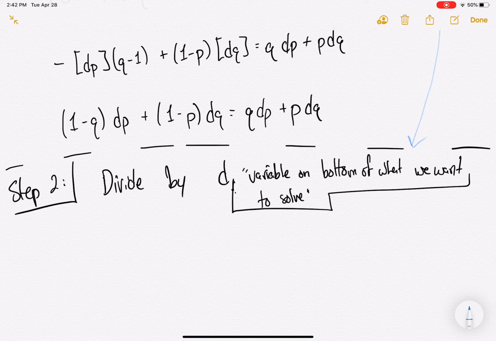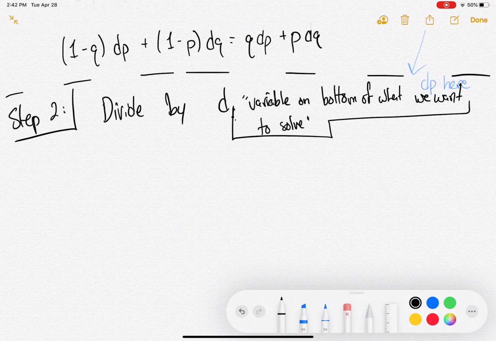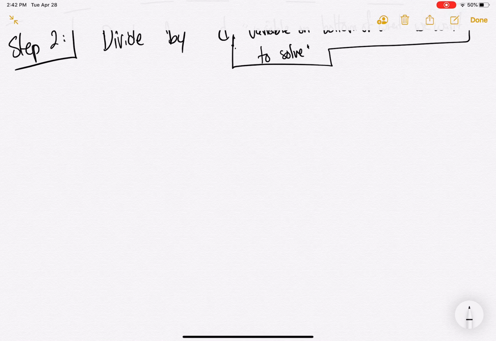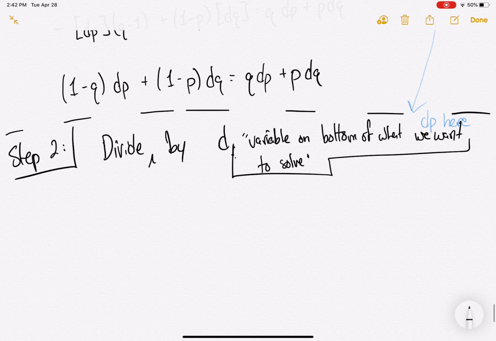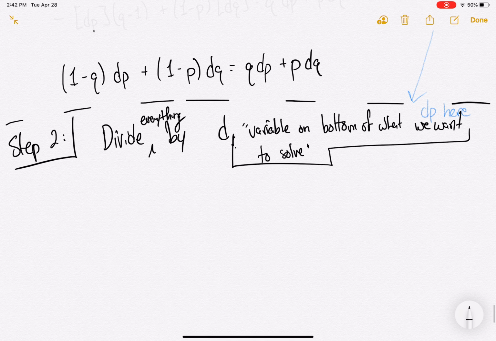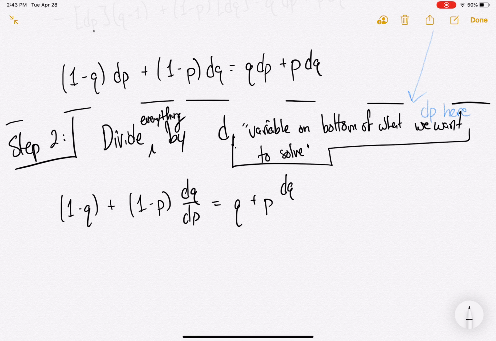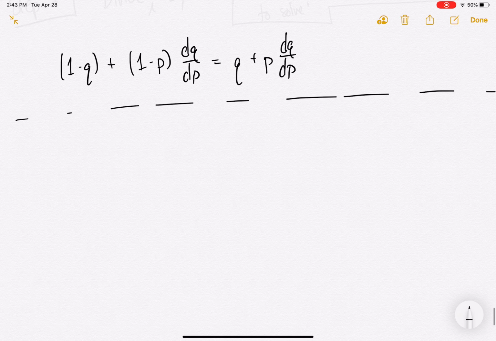So that's dP here, and we're going to divide everything by dP. What do I end up with? I get 1 minus Q, dP divided by dP is just 1, plus (1 minus P) dQ/dP equals Q, plus P dQ/dP.